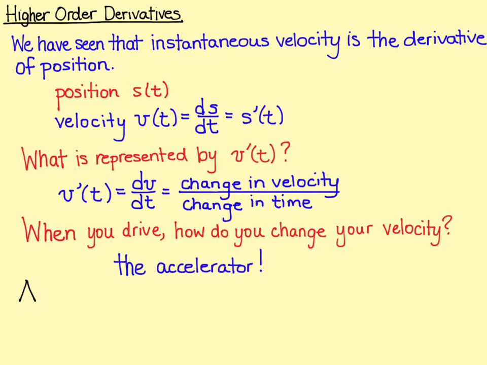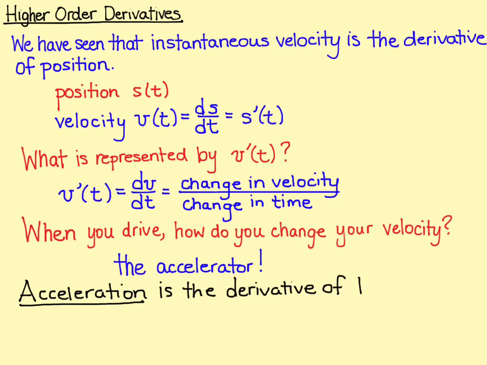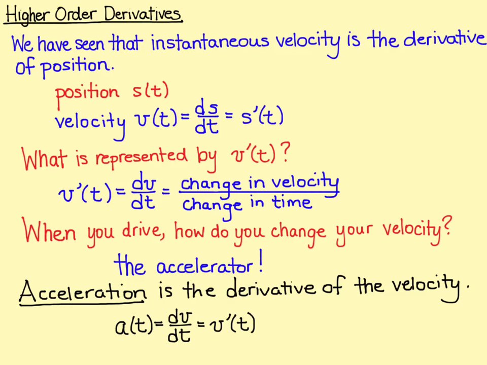So in physics, we call acceleration the derivative of the velocity, or the rate of change of your velocity over time. We represent it as a of t, and a of t can be found by taking the derivative of v with respect to time, so dv by dt, or v prime of t.